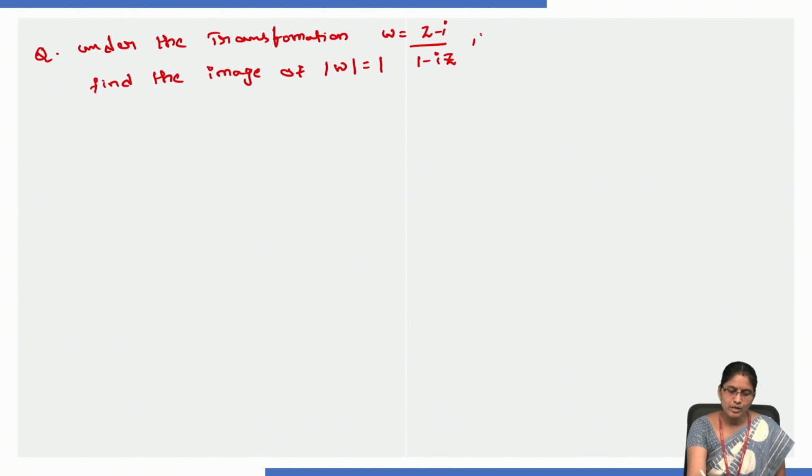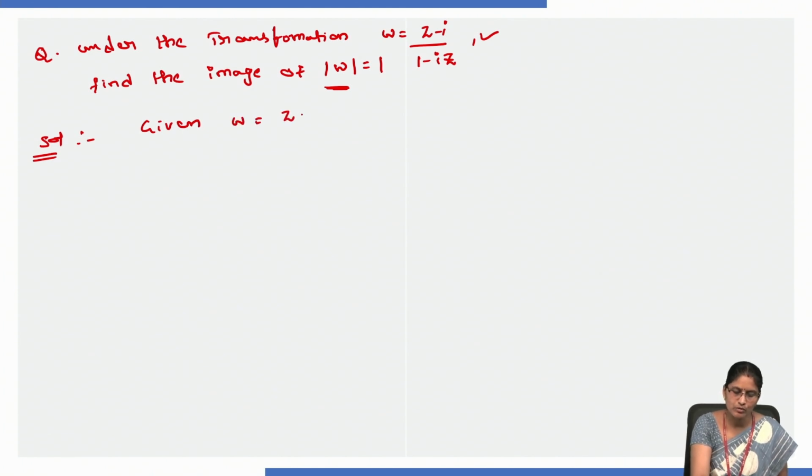So what is given here? The transformation is given, that is w is equal to (z minus i) by (1 minus iz). We have to find the image of mod w is equal to 1.